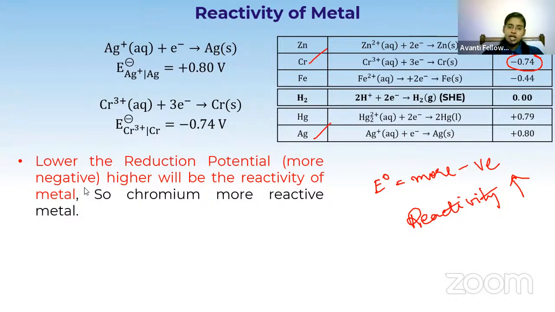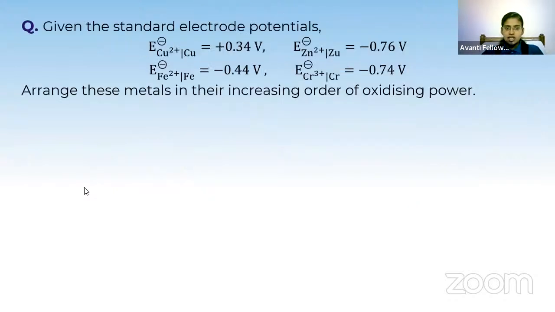So these are the points you have to keep in mind. And let us solve one question based on this concept. Given the standard electrode potentials, arrange these metals in their increasing order of oxidizing power. Can anyone give me the answer for this? We have the E naught values in the question for all four couples. You can use the concept I have taught you.